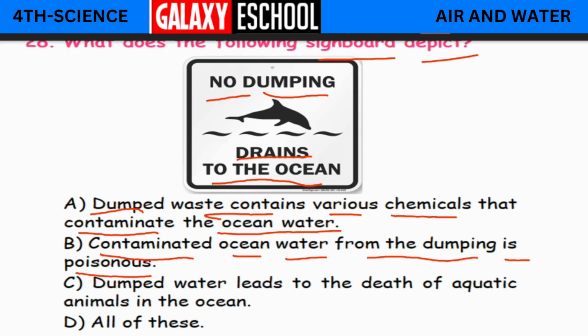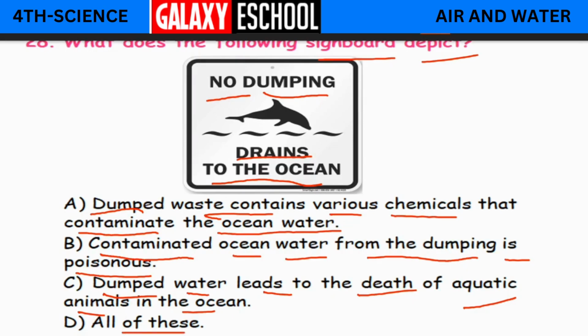That is, the polluted ocean water from the waste is poisonous. C: dumped water leads to the death of aquatic animals in the ocean. Waste water is going to lead to the death of aquatic animals, which are those that live in the water. And option D is all of these.